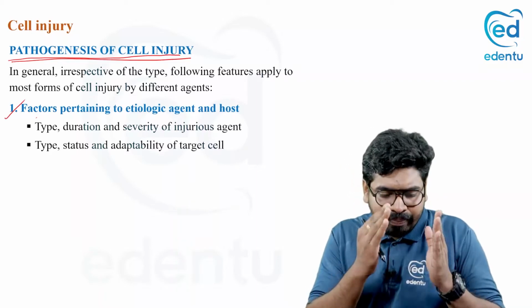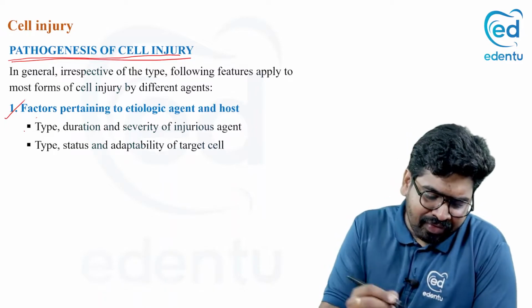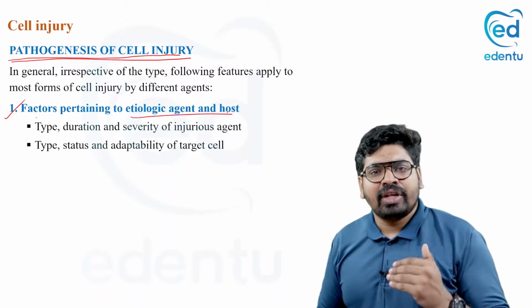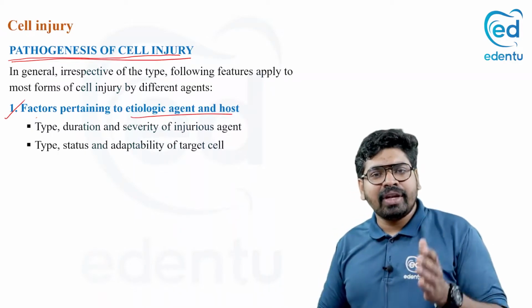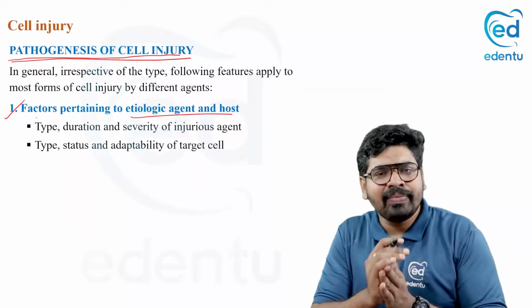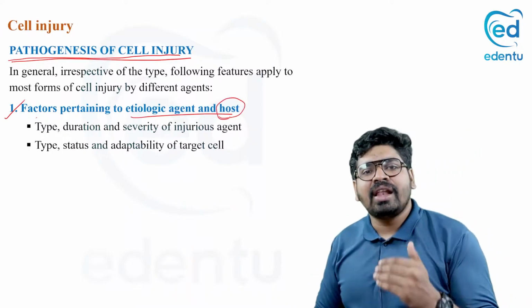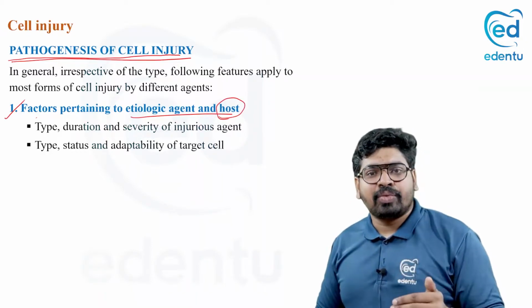So it depends upon the type of cell. The factor depends on the etiological agent and the host. How much the cell can get injured depends upon what type of injury is coming and which cell we are giving this injury to. Every cell does not respond in a similar way.